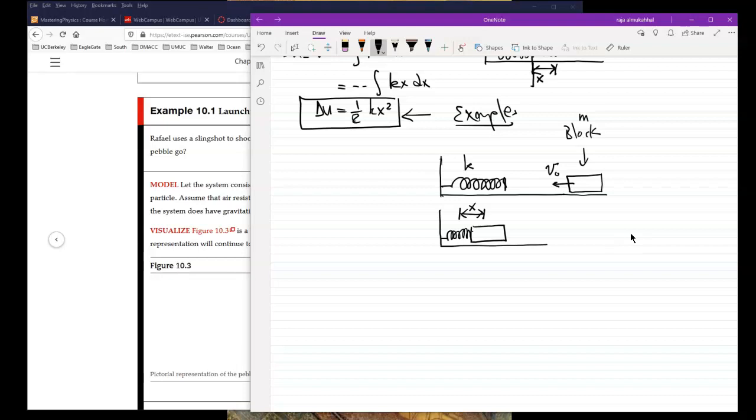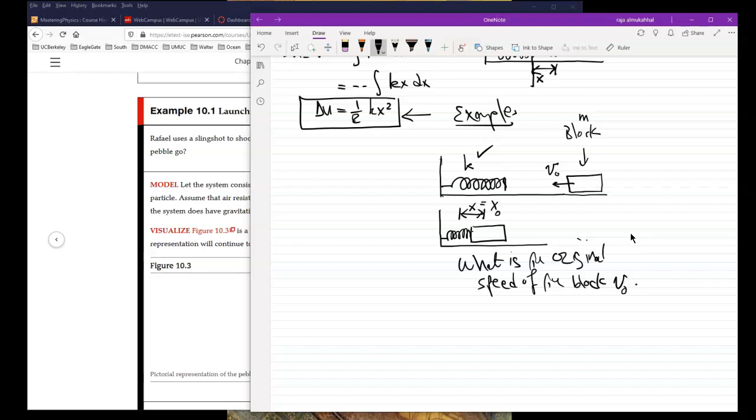The question is, what is the original speed of the block, right before it hit the spring? In other words, you want v naught. Let's assume X is equal to X naught. K is given to us, X naught is given to us, say 3 centimeters, and the mass of the block is given to us. Now he's asking, what is the original speed of the block?